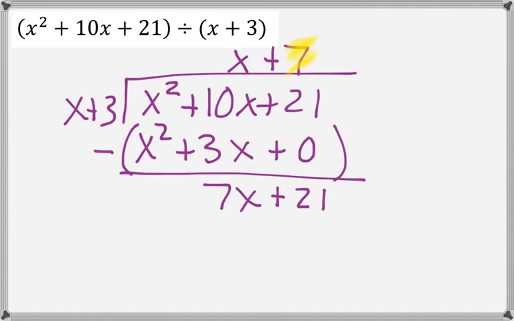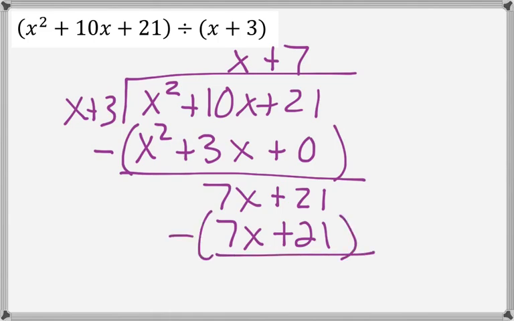And then we multiply that 7 times both terms in the divisor. Seven times 3 is 21. And then again, we're subtracting both of those terms. So we have 7x minus 7x, which is 0, and 21 minus 21, which is also 0. So that's our remainder there.